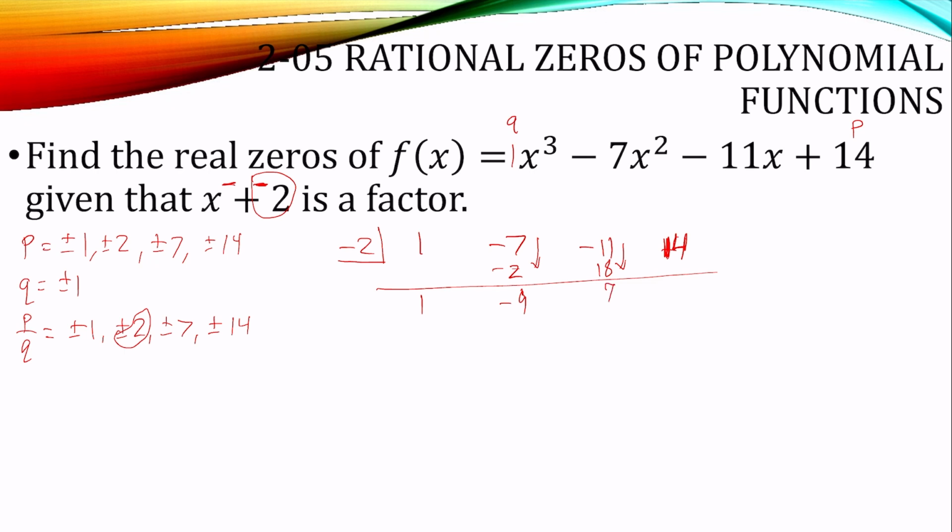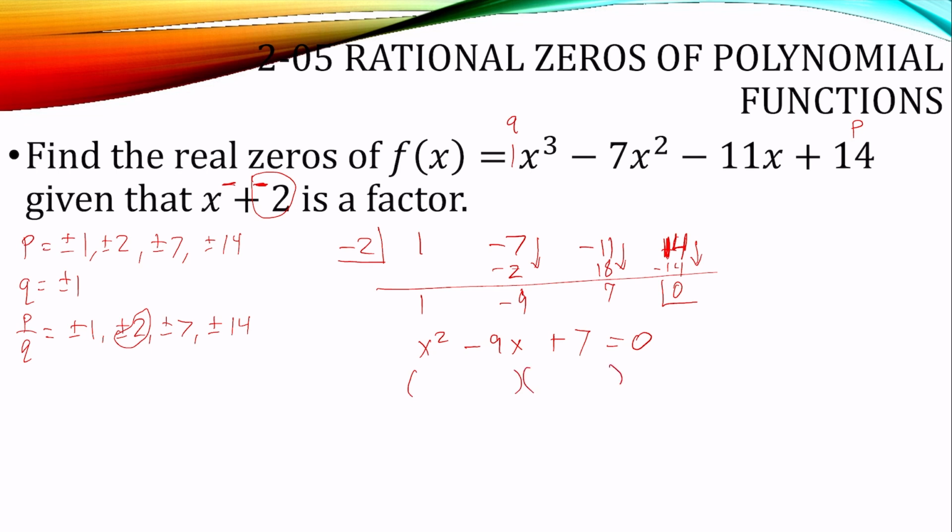We multiply negative 2 times 7 is negative 14. Then we add, and we got a 0. Perfect, we got a 0. Now it was x cubed, so now it is x squared for a depressed polynomial, x squared minus 9x plus 7. And we want to find all the zeros, so make that equal to 0, since it's quadratic, and see if we can solve it.